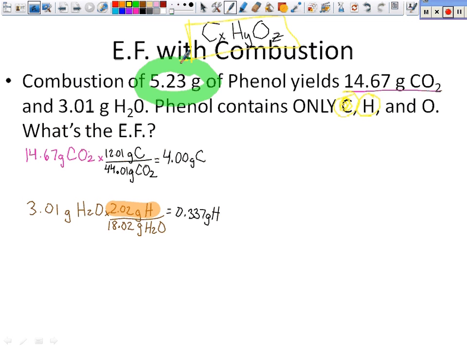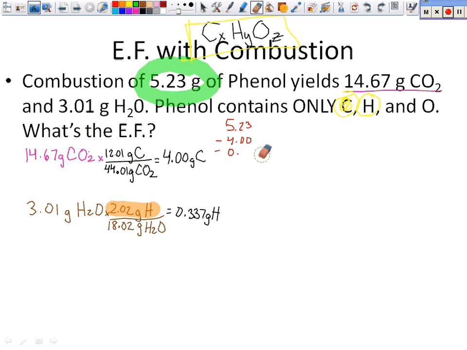You with me? That makes sense? So now, obviously, how would we find the amount of oxygen? Subtract 5.23 minus 4.00 minus 0.337, and y'all have that written down.